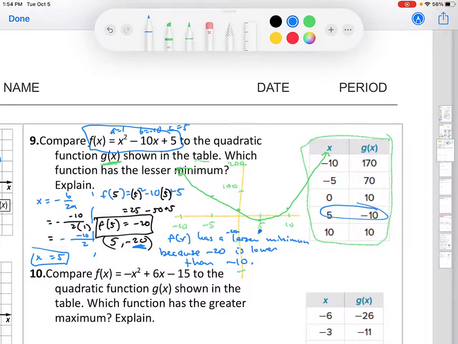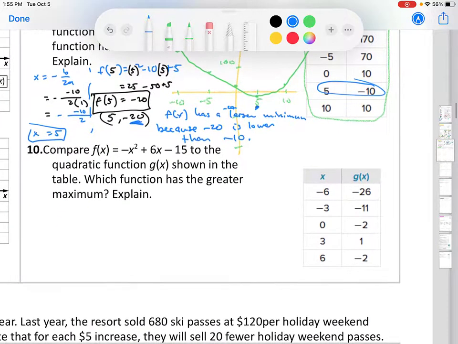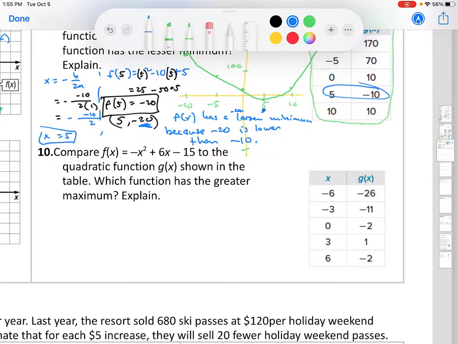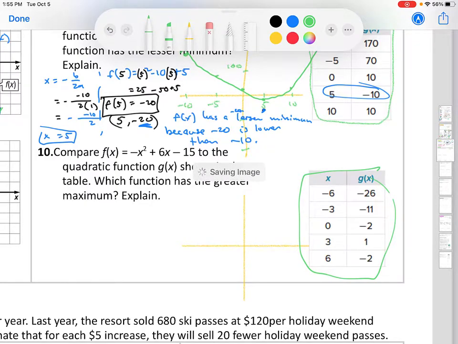All right, let's try number 10 here. Let's do the same thing. Let's just go ahead and graph this one. So I see on the x values they're counting by threes.